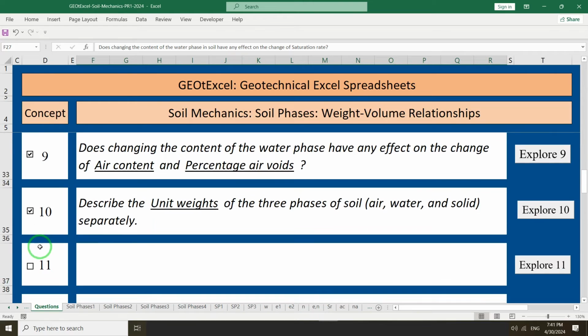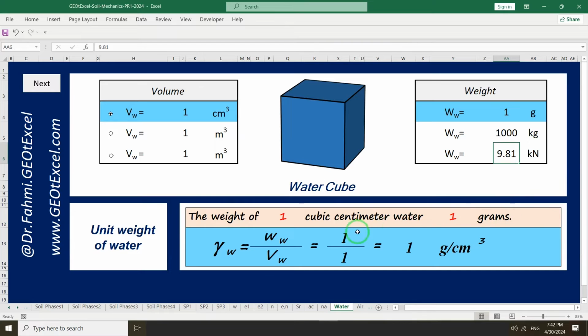Concept 10. Describe the unit weight of three phases of soil, air, water, and solid, separately. Explore 10. Water cube.